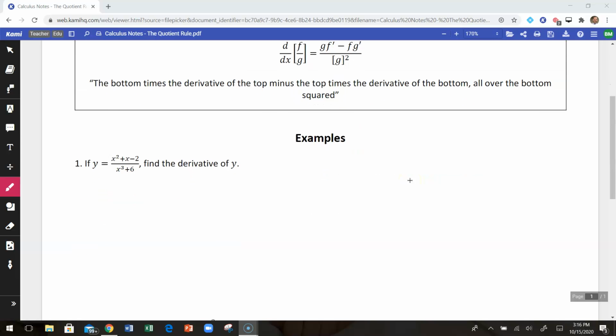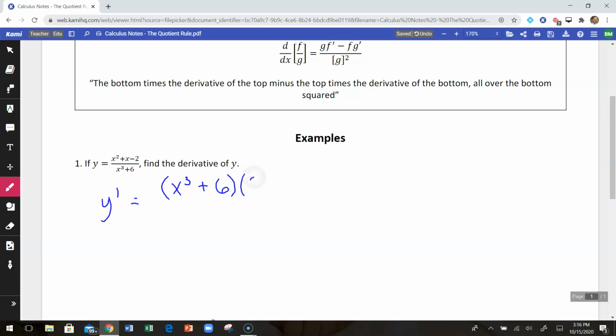So we have y equals x squared plus x minus 2 over x cubed plus 6. I'm dividing two polynomials here. I want to find the derivative of y, so I'm going to use the quotient rule. Y prime is going to equal the bottom, which would be x cubed plus 6, times the derivative of the top.